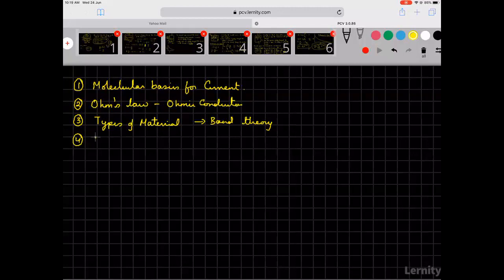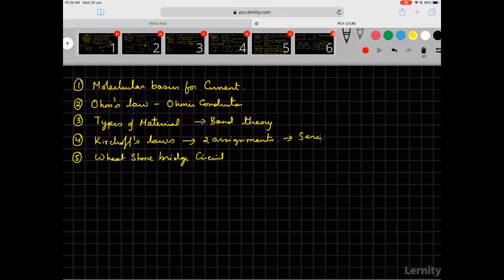Then we discussed Kirchhoff's laws. I gave you 2 assignments on this. I'm expecting them to get completed this week. Then after Kirchhoff's laws, we did the Wheatstone bridge circuit. Part of Kirchhoff's laws was series parallel connections.